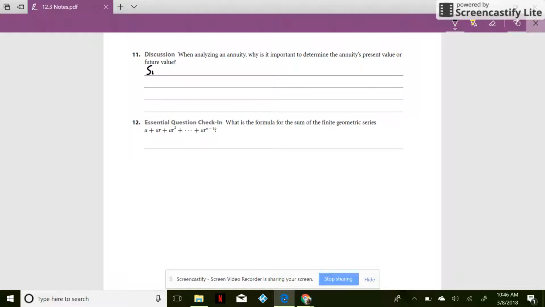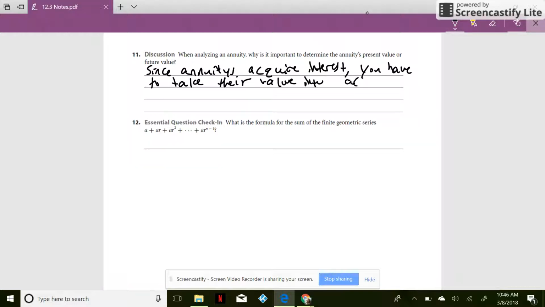So since annuities require interest, you have to take their value into account before interest if you want their present value, or after interest if you're looking for their future value.